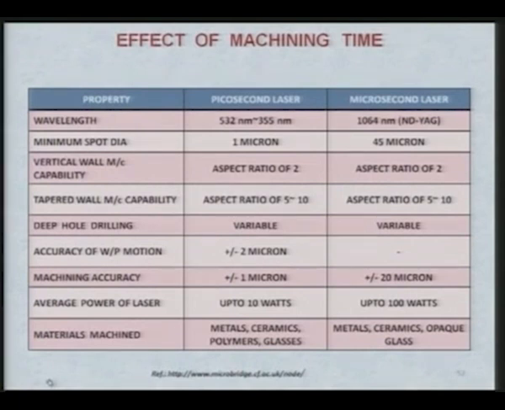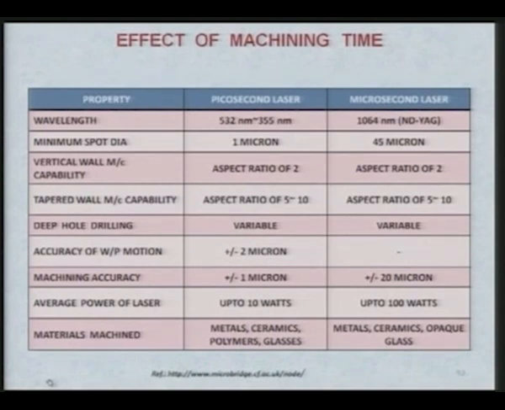In case of minimum spot diameter, it is 1 micron in case of picosecond and around 45 micron in case of microsecond lasers. Vertical wall machine capability, aspect ratio of 2 and aspect ratio of 2 in case of microsecond laser as well. Now, tapered wall machine capability, aspect ratio of approximately 5 to 10 in both the cases.